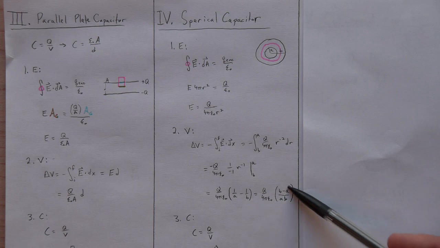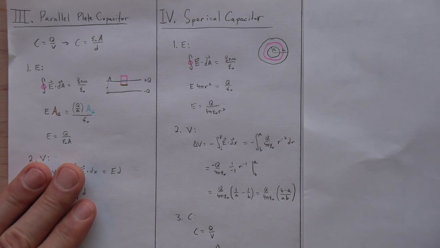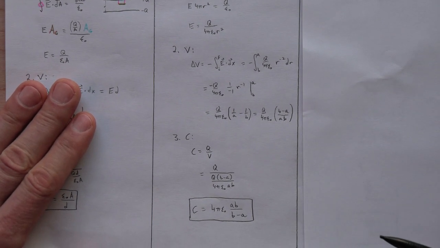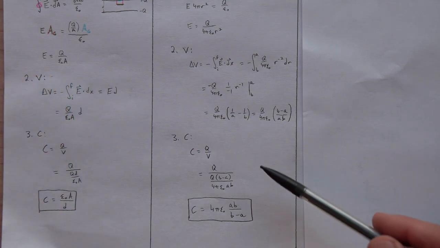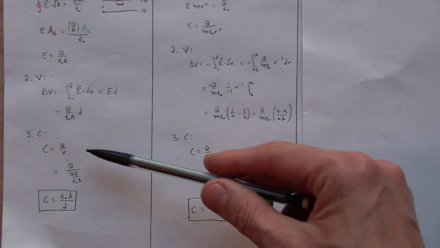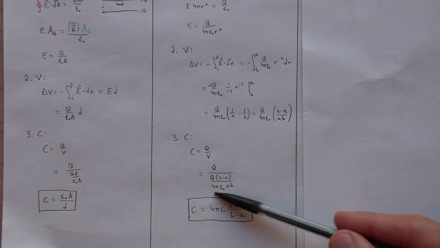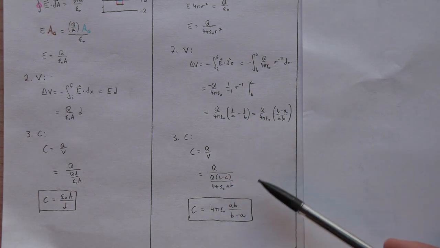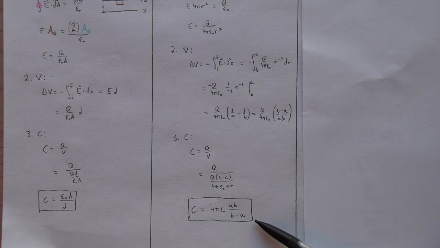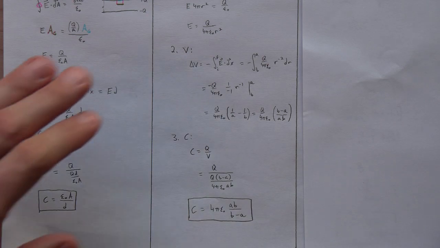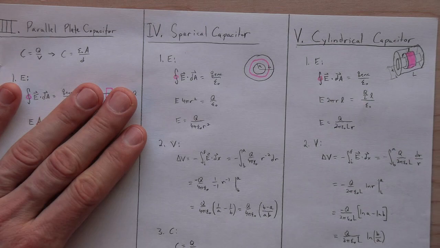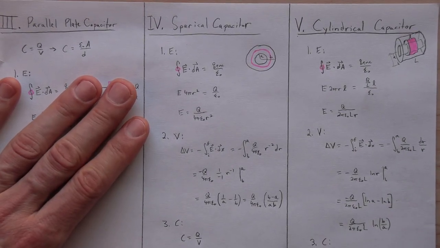And now we have an expression for the voltage, which we can now plug into C equals Q over V again, like we did over here, but a different expression for voltage for the spherical capacitor. Q's go away, as they always do in these capacitor calculations, and there's the expression for the capacitance of a spherical capacitor.